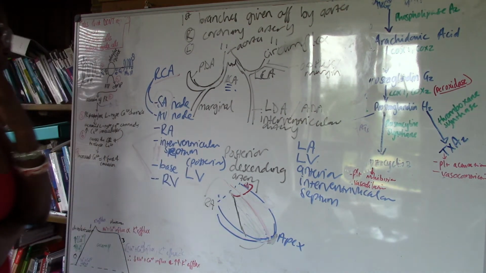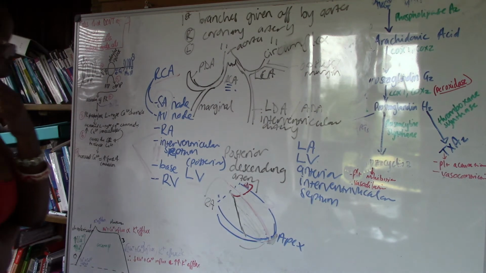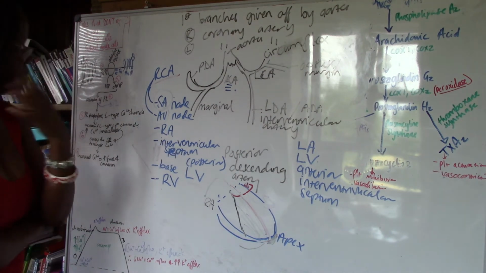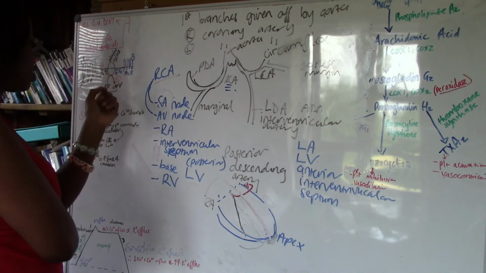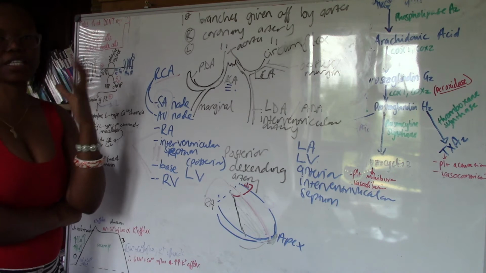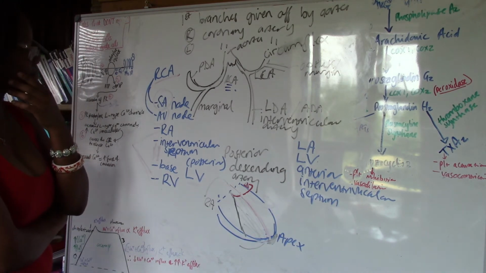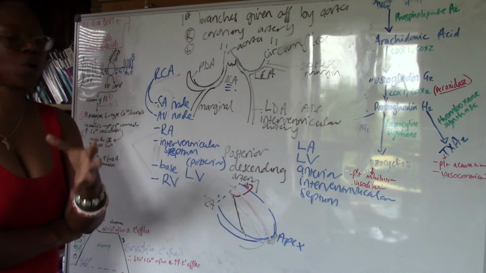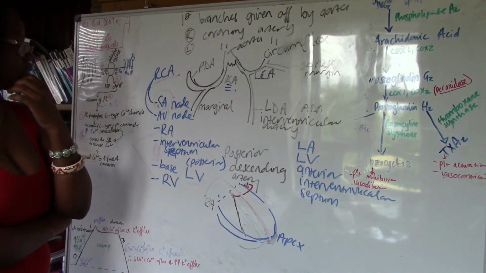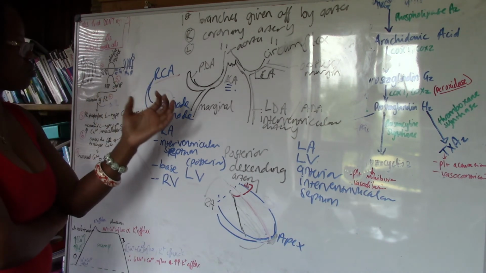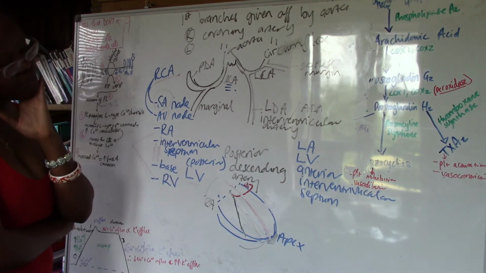For example, say if someone had conduction problems and they had severe bradycardia, we will know that if this was something to do with atherosclerosis, we have to look into the right coronary artery.